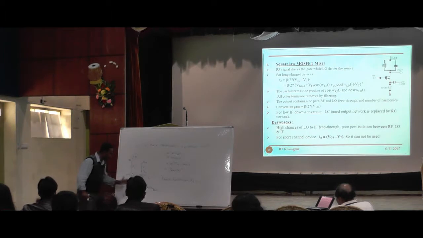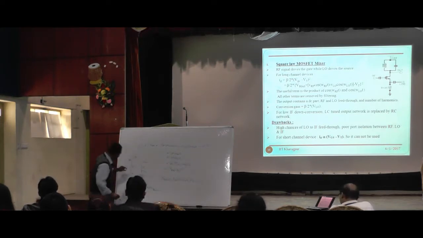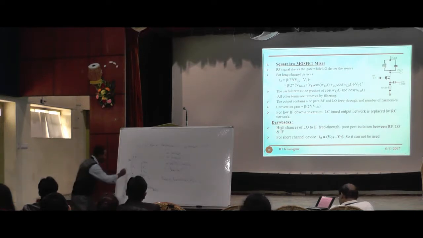Correct? It's a common source amplifier, nothing else. It's not that easy, I know it is difficult to imagine. But if I switch over here, what do you mean by this? You mean that IRF cos omega RF t into RL is the voltage drop. So basically you will have a signal swing if it is completely on, and you have the swing forever.